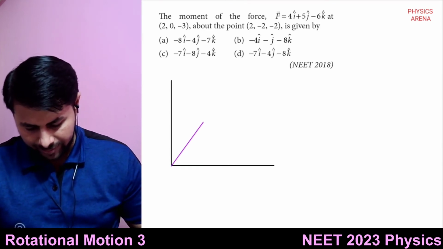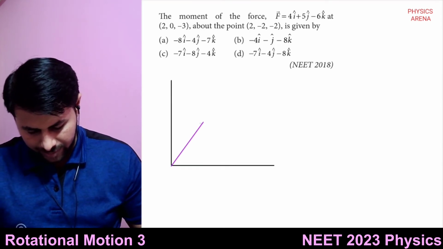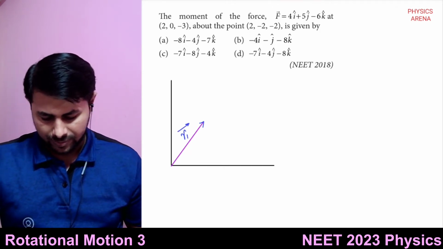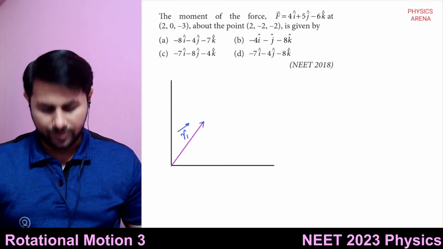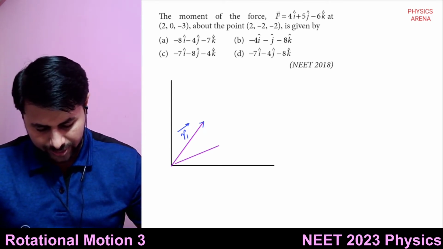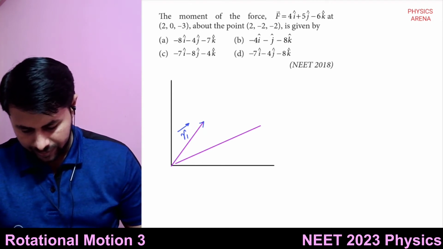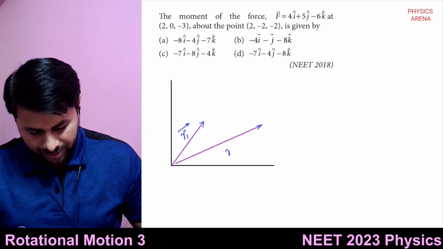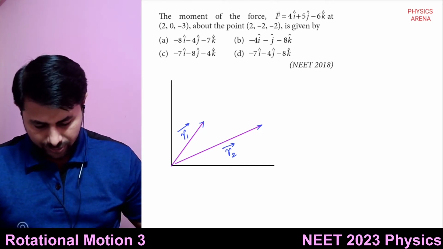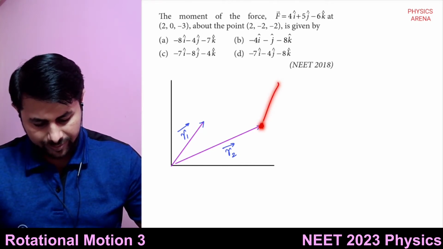This is one point, let's call it R1 bar, and you are exerting a force at some other point. Let's call it R2 bar. So the force is acting at this point.